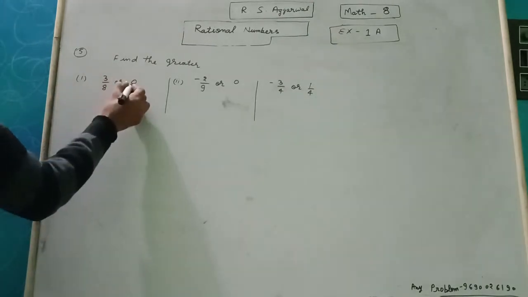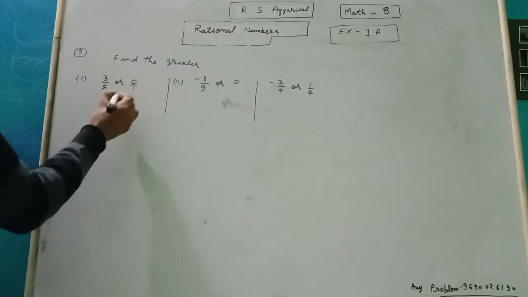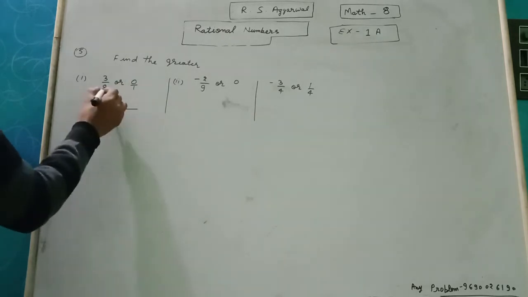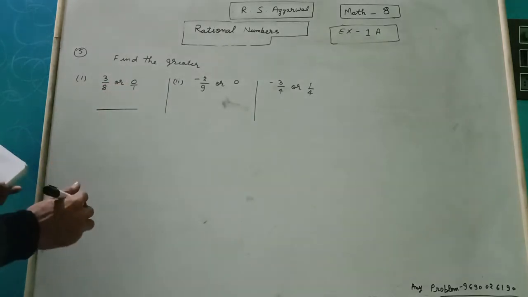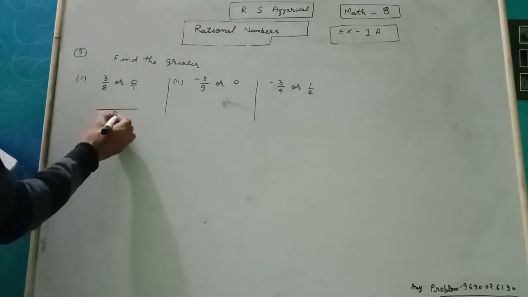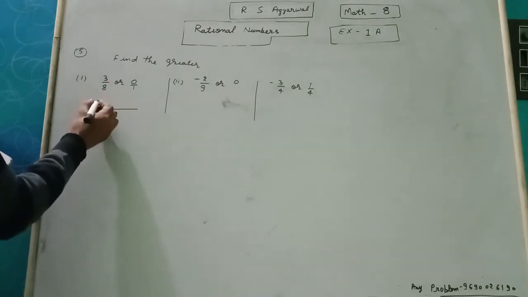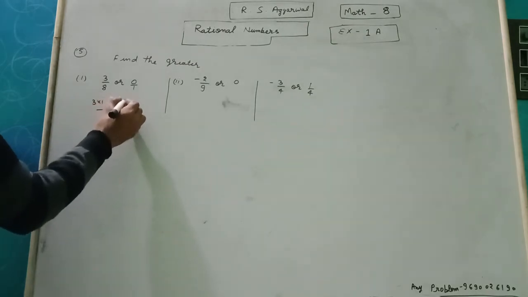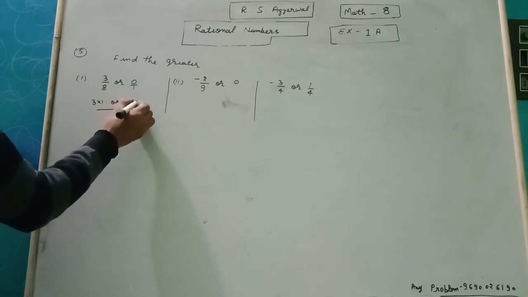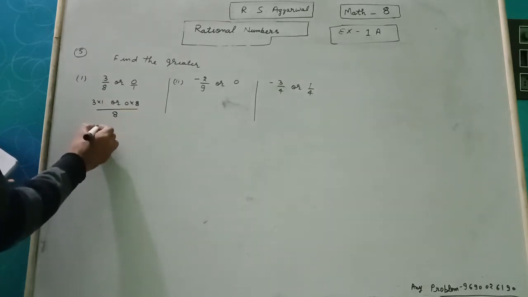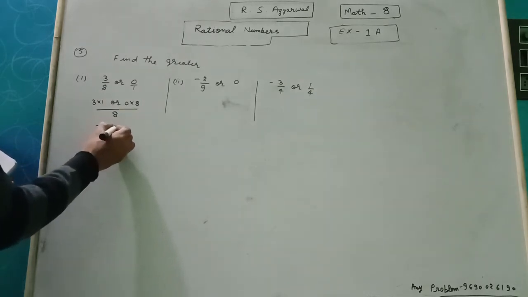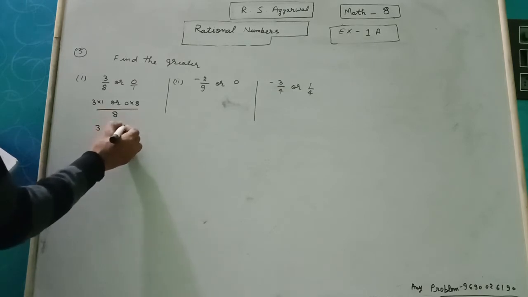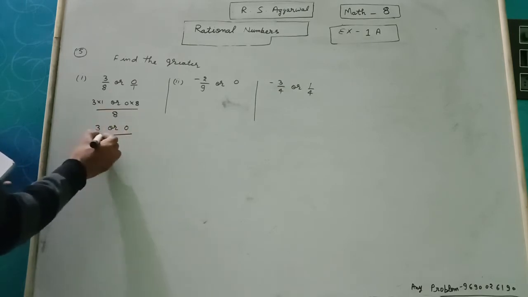Simplify the first part. Upon 1, taking the LCM of 1 and 8, LCM is 8. Divide by: 3 into 1 or 0 into 8. After multiply, 3 ones are 3, 0 multiply 0 upon 8.